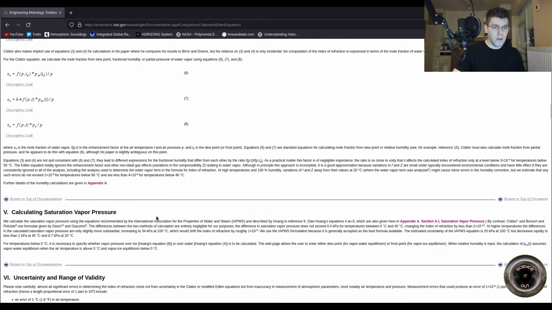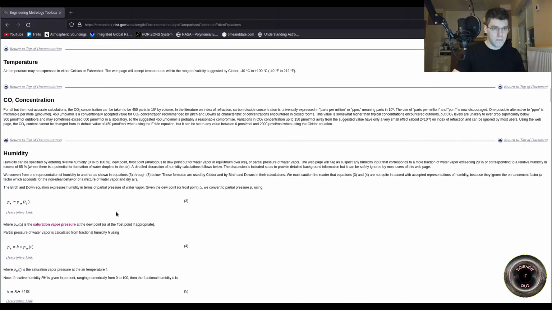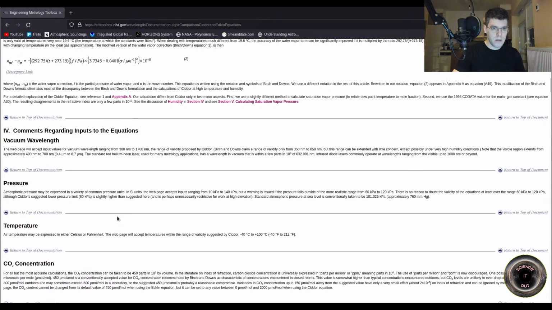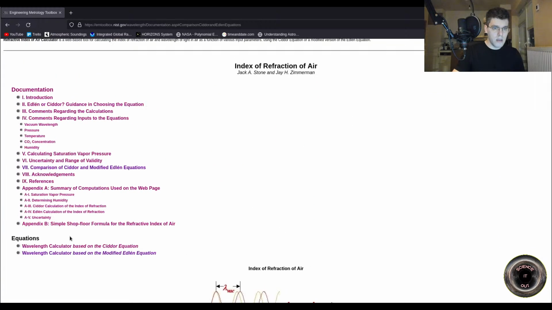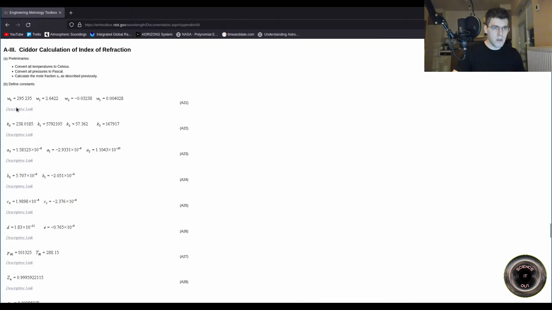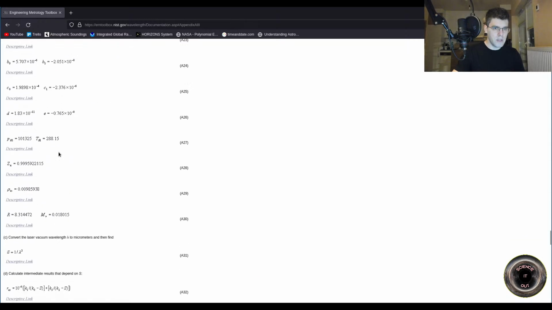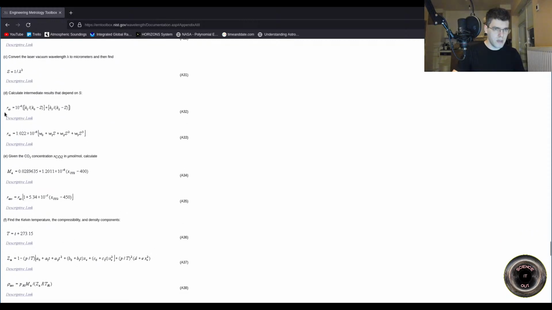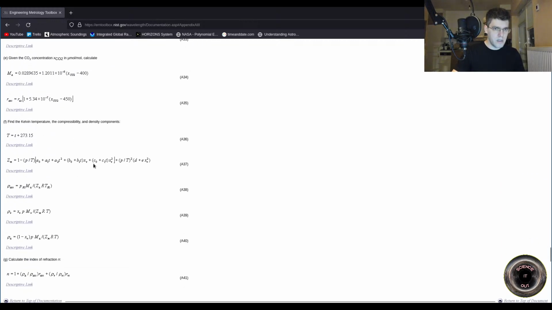If we look at how to actually calculate this, there is the Sidor calculation, so you see there are a lot of constants, and then you calculate a lot of factors, etc. If you're wondering where such equations come from, those are simply best fits to empirical measurements, as far as I know.